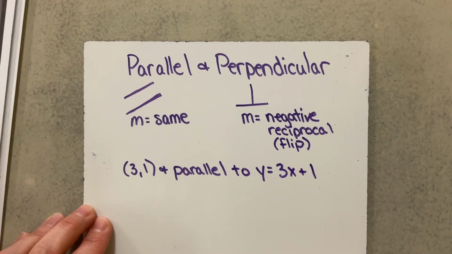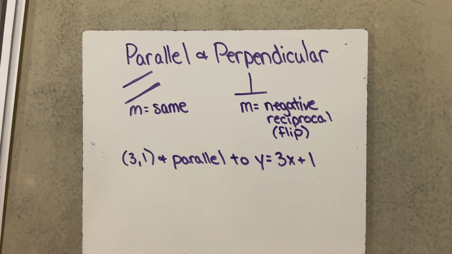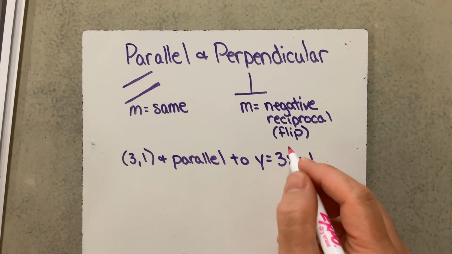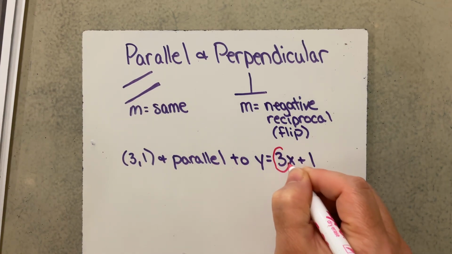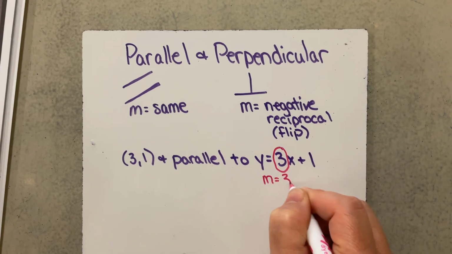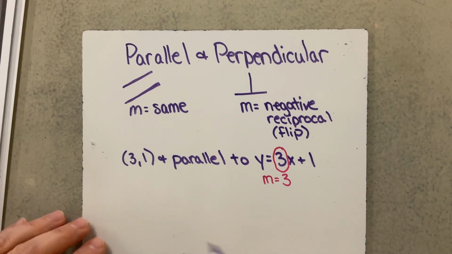The first thing we have to do is identify our slope. If it is parallel, that means it has the same slope. So our slope is going to be our m. So m equals 3. We're just going to take that right from that line.